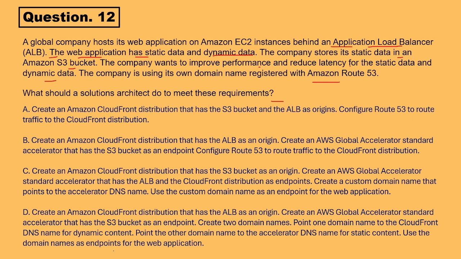Okay, now let me reveal the correct answer. The answer here will be option A, that is, create an Amazon CloudFront distribution that has the S3 bucket and ALB as its origin, and then configure Route 53 to route traffic to the CloudFront distribution. The thing is that CloudFront with both S3 and ALB as origin gives one global CDN entry for all the content. So this will be helpful for both static and dynamic. So option A is correct here.